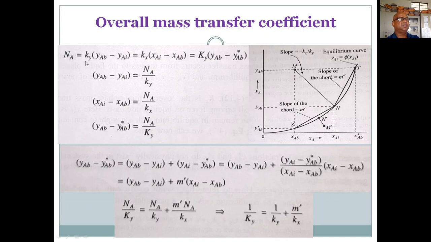I expressed the flux in terms of the gas phase side, this is expressed as per the liquid phase side, and this is expressed as overall based on the gas phase driving force.